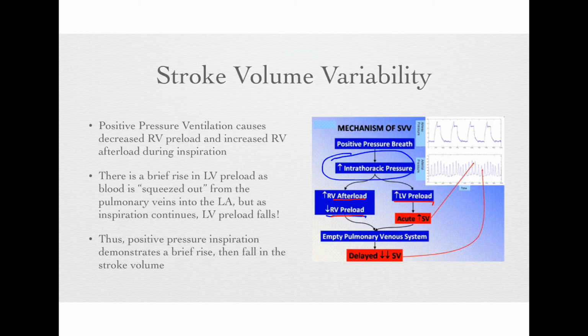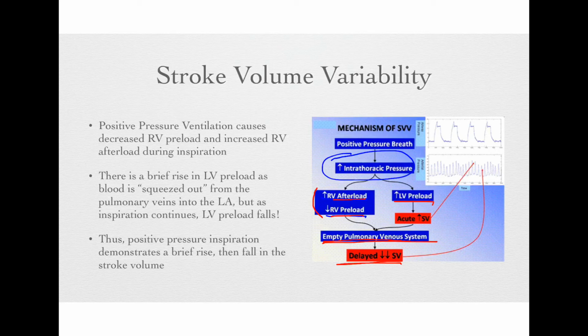Initially, the decrease in RV preload and increase in RV afterload leads to less blood being able to return to the left atrium over time. Eventually, the pulmonary venous system empties out completely, and the LV preload drops, leading to a decrease in the stroke volume.